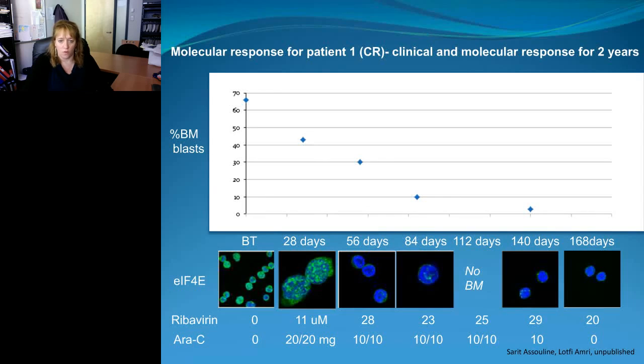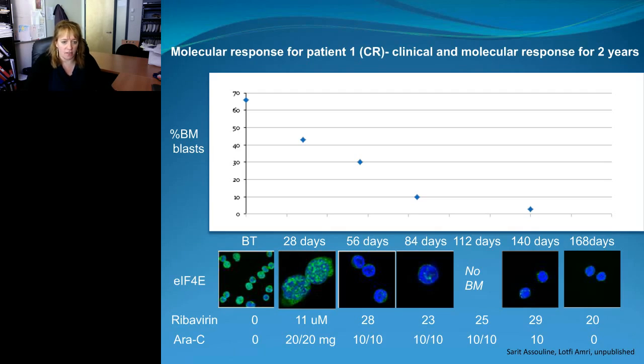So one nice thing that we can see is the molecular targeting, and particularly at the confocal level, which allows us to measure, even at response, when you have very few cells to measure anything for, that we could see 4E relocalization continues to correlate well with clinical responses. So what you're seeing up here is the percent of bone marrow blasts in patient 1, who was the one who achieved a response for 2 years, dropping steadily over the start of her treatment.